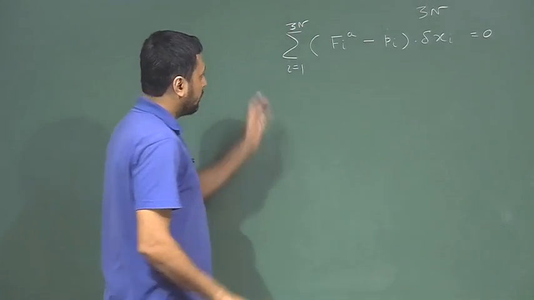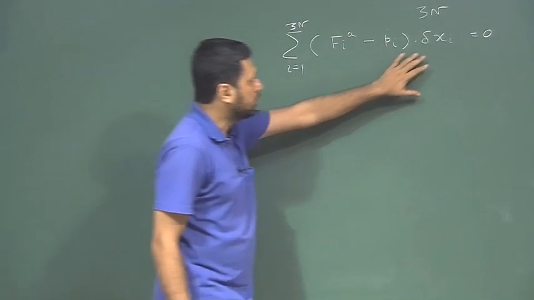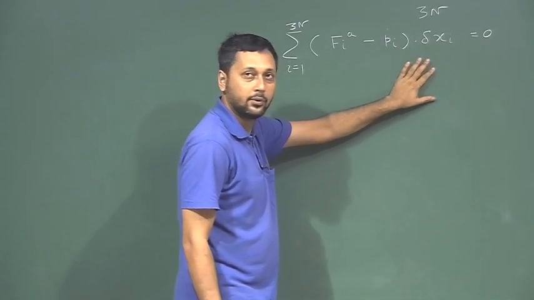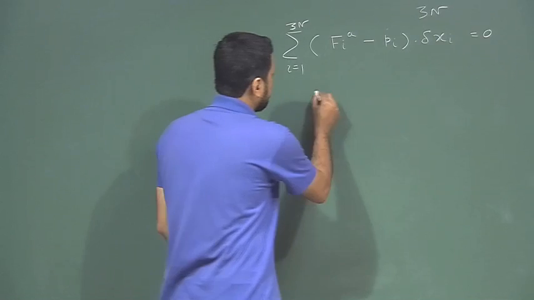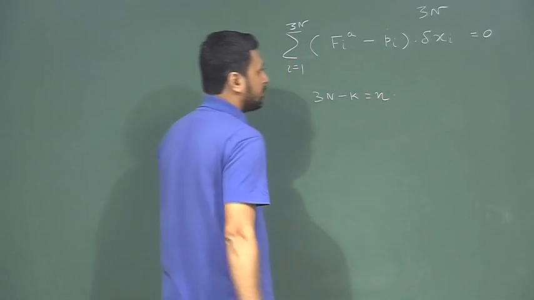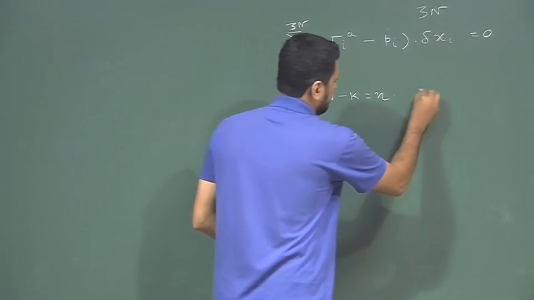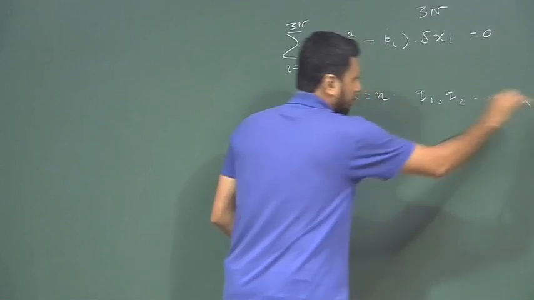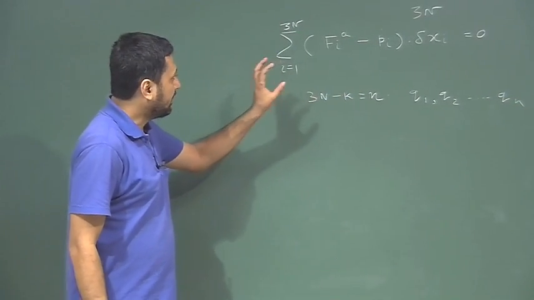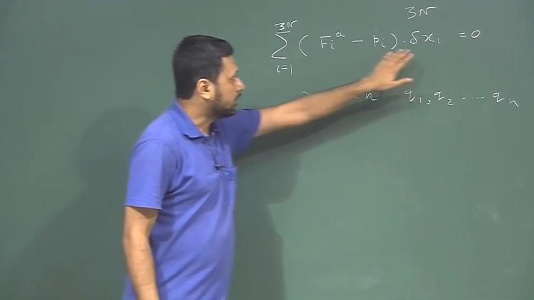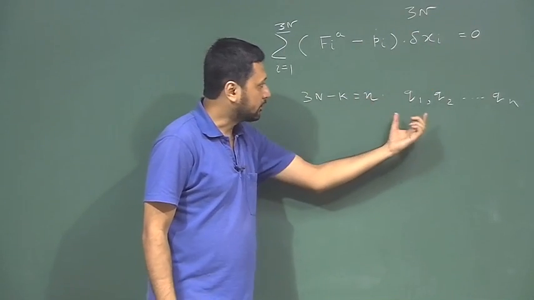Now, we will try to write this equation in terms of 3n minus k, which is equal to n independent variables, given as q1, q2, qn, the so-called generalized coordinates. So, our next goal is to reduce D'Alembert's principle in terms of this quantity.